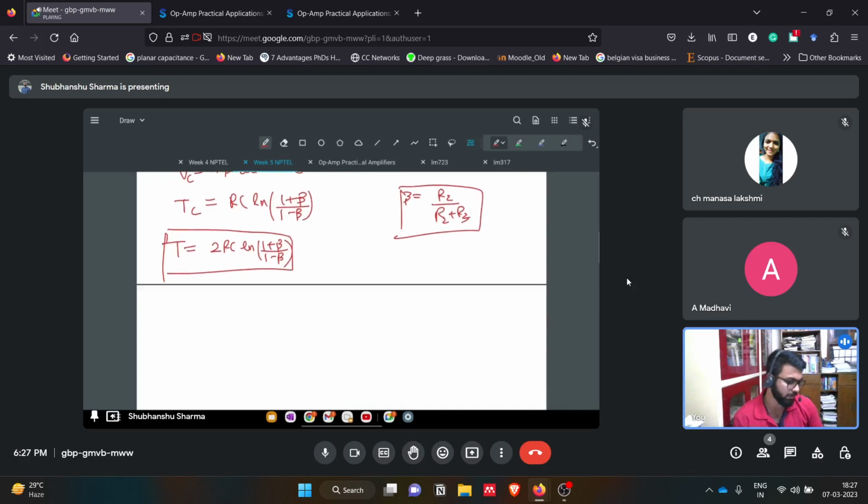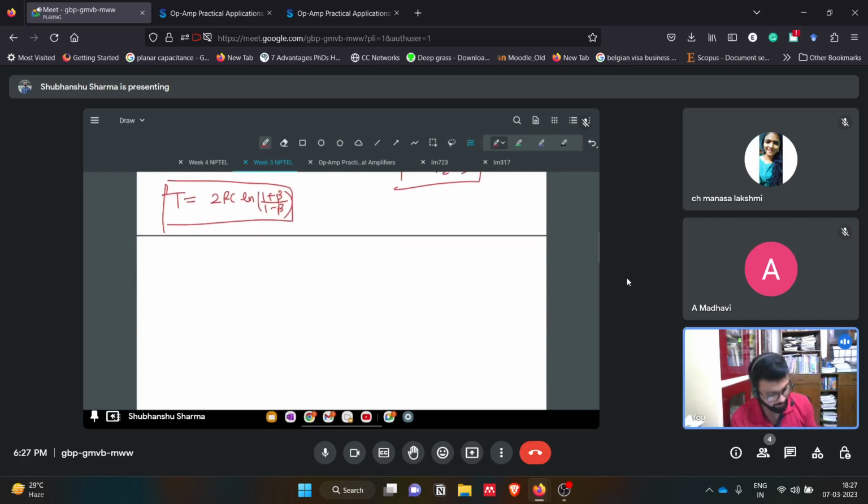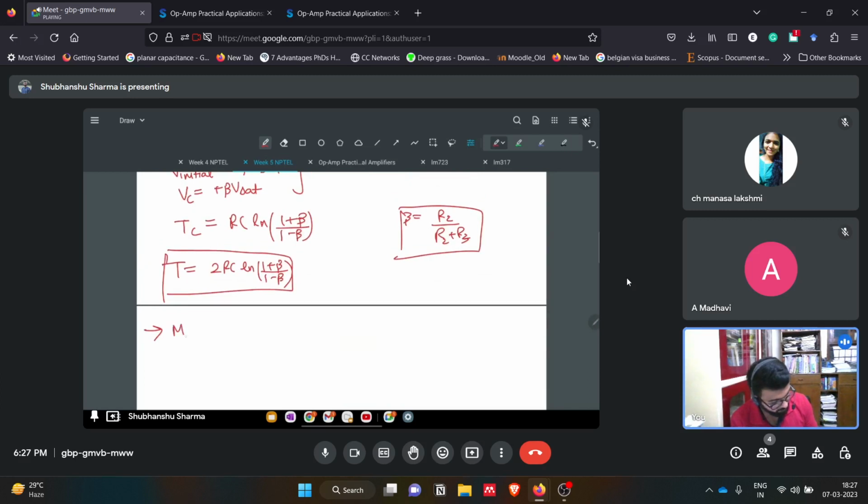So now we'll talk about monostable multivibrator. So we saw that in astable multivibrator, we are getting two astable states. So the output is not stable at either of the states.